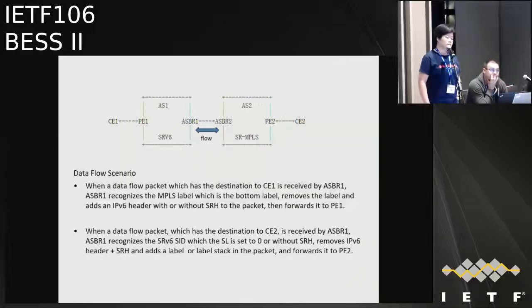Yes, we saw that draft, and we think it gives the general consideration of hybrid network interworking. In this draft, we specify the details of this issue. So there is a relationship between the two drafts, and we focus on more details. Okay, sure. I think we can take this offline. Okay, thank you.